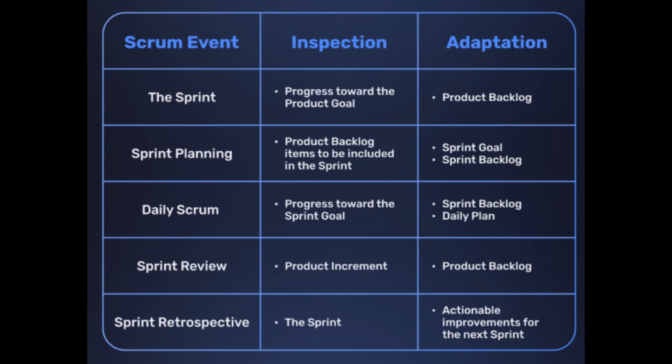Sixth, breakdown of Scrum events. Sprint reviews become superficial, retrospectives lose honesty, and daily scrums turn into status meetings instead of collaboration points.